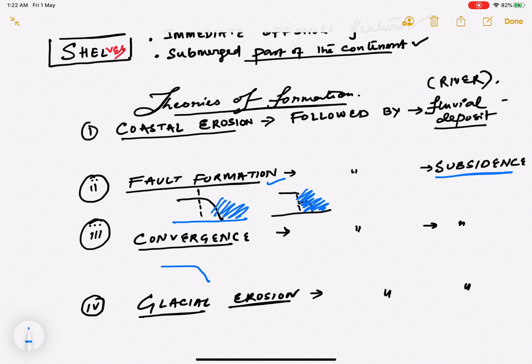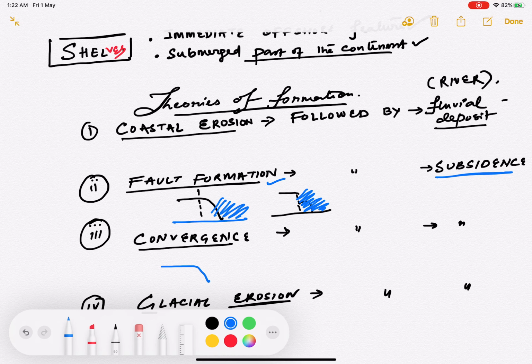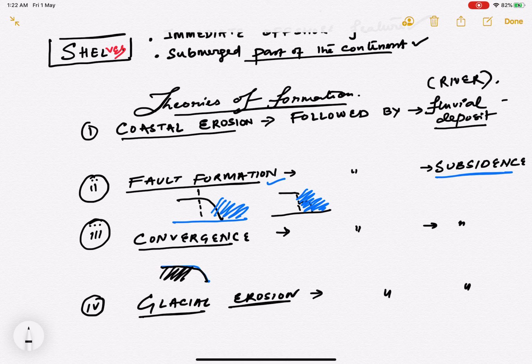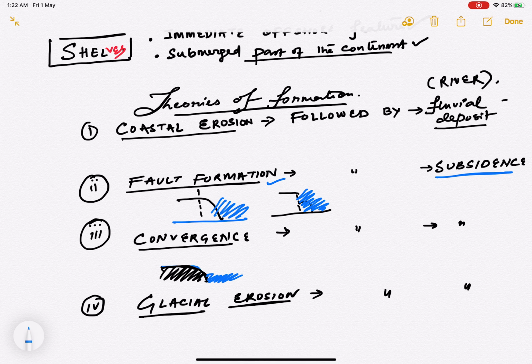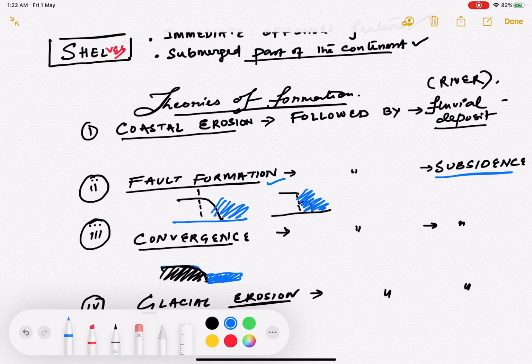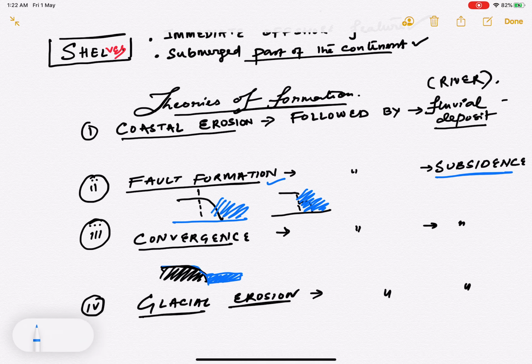Convergence is this: let this be your granitic continent, and this your basaltic crust. With the convergence of it, if there is a subsidence over here, this subsidence will lead to a rise in water level.